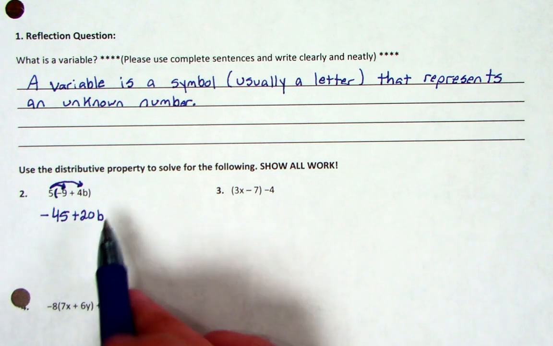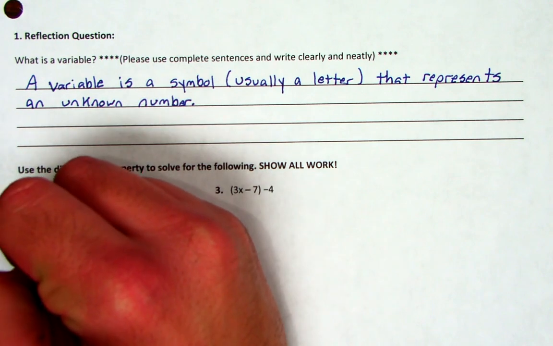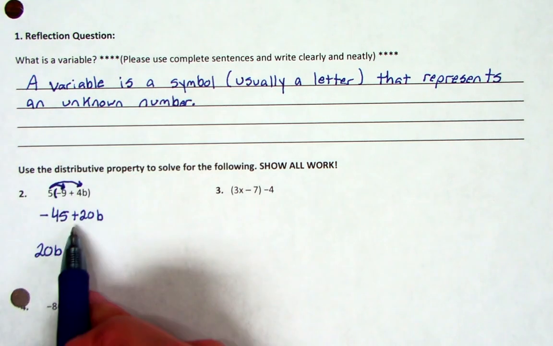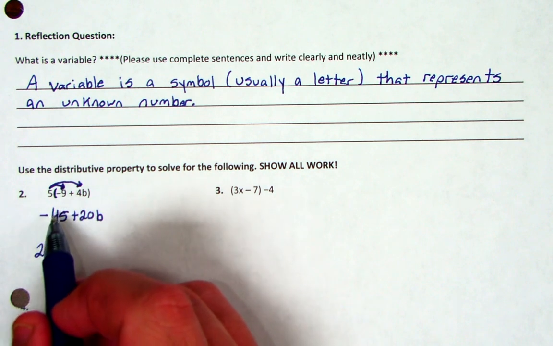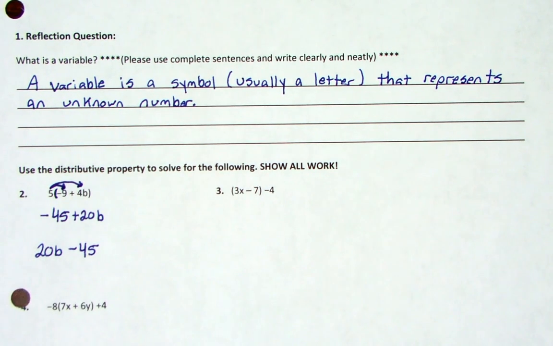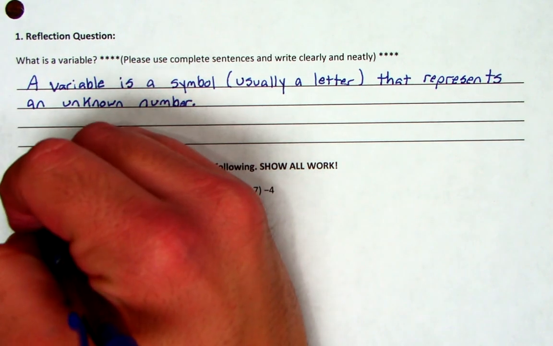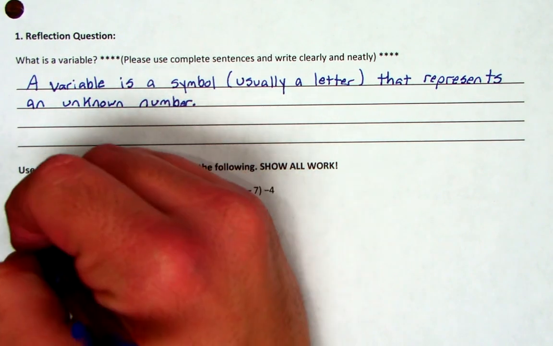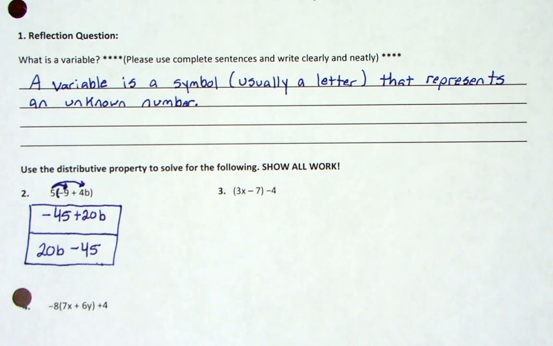So I'm going to rewrite this as 20b, negative 45. Both of these answers represent the same exact thing. They're both the same answer.